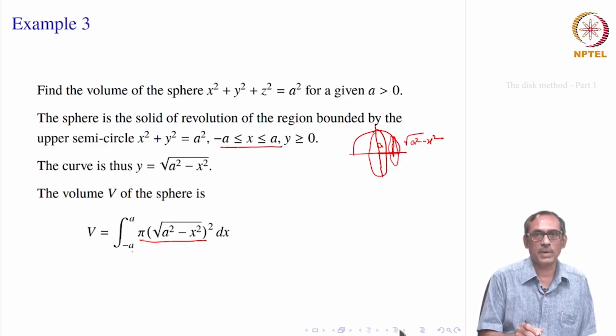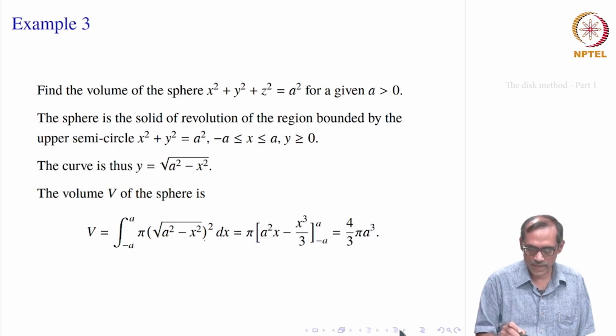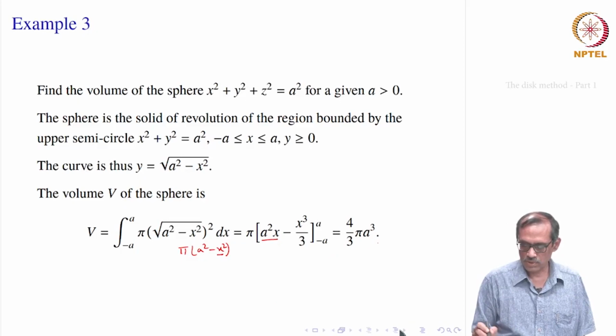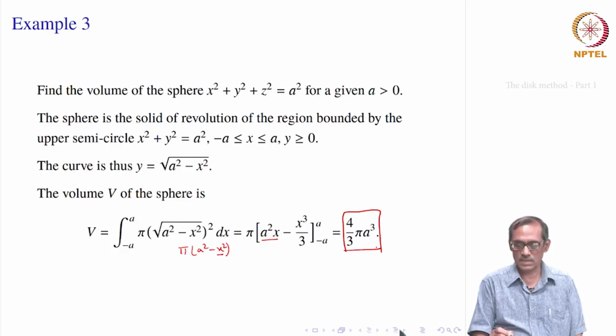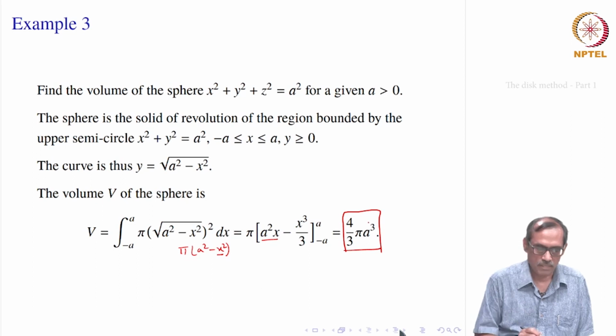So, volume is equal to the integral from minus a to a of pi times (square root of a square minus x square) whole square dx, and that simplifies to pi times (a square minus x square), and its integral will be a square x, and for x square you get x cubed by 3. So, it is pi times (a square x minus x cubed by 3) evaluated at a and at minus a, and then subtracted. You simplify to get 4 by 3 pi a cubed, as you know, the formula for the volume of the sphere of radius a.